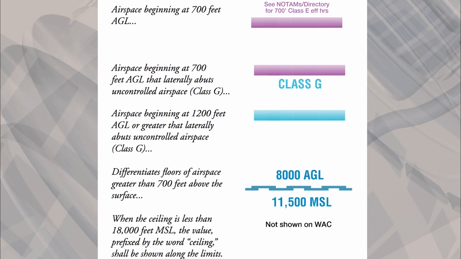You can find one of these edges. The darker side is where it comes into contact with Class Golf. And then the inside, the lighter side of it, is where you have Class E dropping down to 1,200 feet. And then you have this sawtooth thing. This is all out in the water. It's offshore. You're not going to see this.